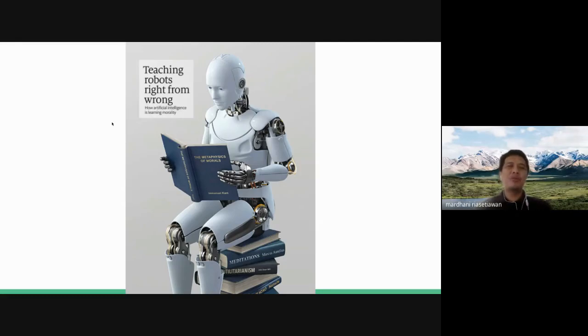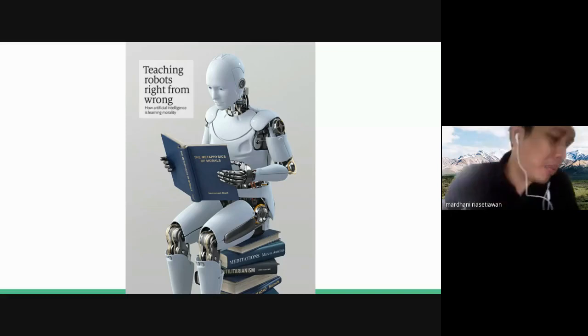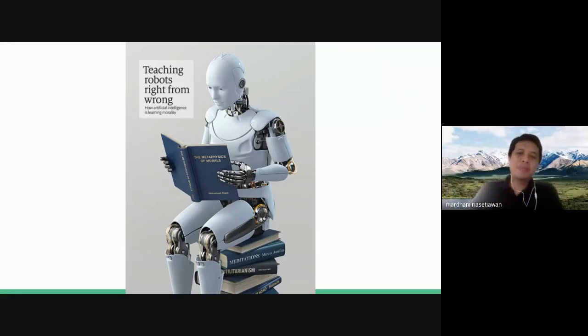Okay, this is an illustration about the philosophy of computer science: teaching robots right from wrong. How is artificial intelligence learning morality? This will be very interesting. I had a discussion a long time ago with Pak Bambang Prastowo, for example, because we are in the same room actually.